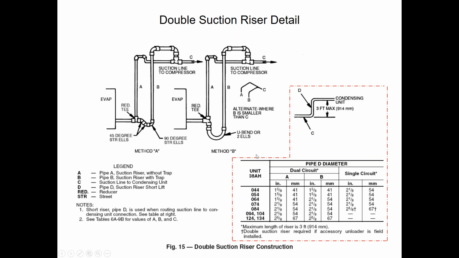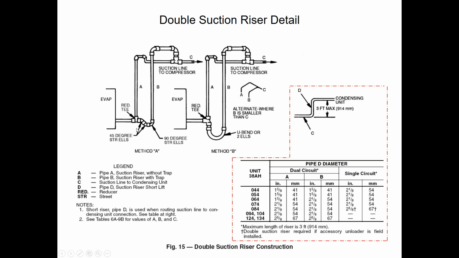Okay, and again, double riser construction. The smallest pipe will always be the A pipe, larger pipe will be your B pipe. B pipe typically is the same or 1 nominal pipe size less than what C is. Keep your traps as shallow as possible, ideally making those up with a couple of 45s and a street 90. It's the best way to do it.